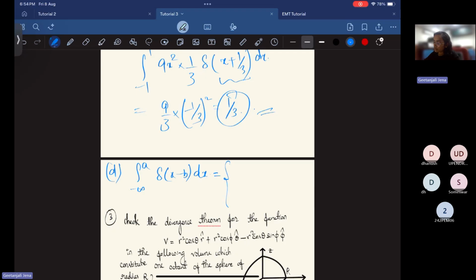So this will give 0, or it will give a value of 1. We get the 0 value when b is greater than the maximum limit, that is, when b is greater than a. And when b is within the limit, that is b is less than a, we get a value of 1.